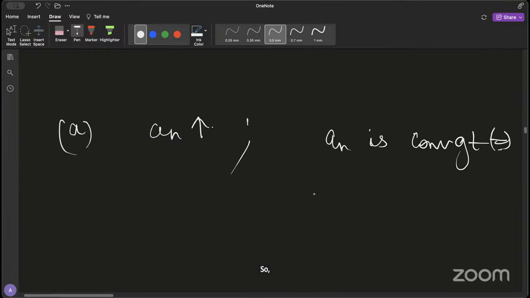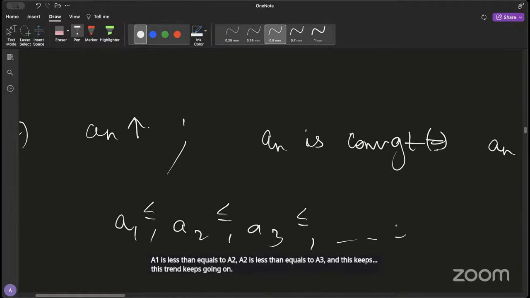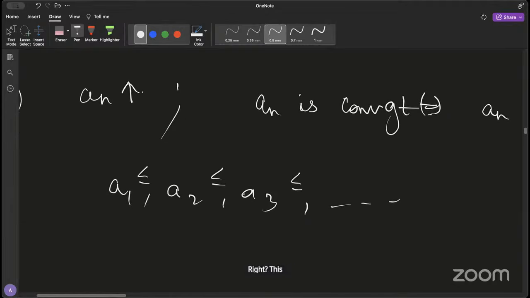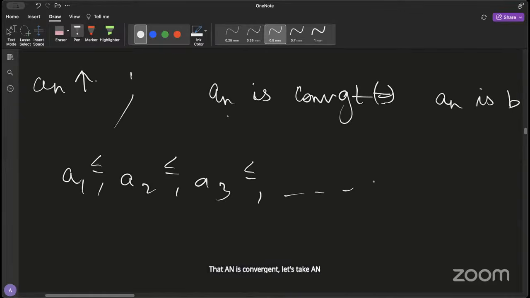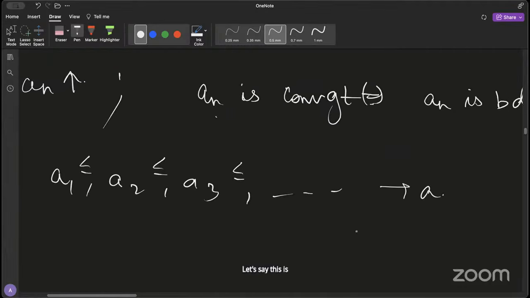So let's say I have a sequence an: a1, a2, a3, and it is increasing. That means a1 is less than or equal to a2, a2 is less than or equal to a3, and this trend keeps going on, right? I have to show or disprove that an is convergent. Let's say this is going to a.